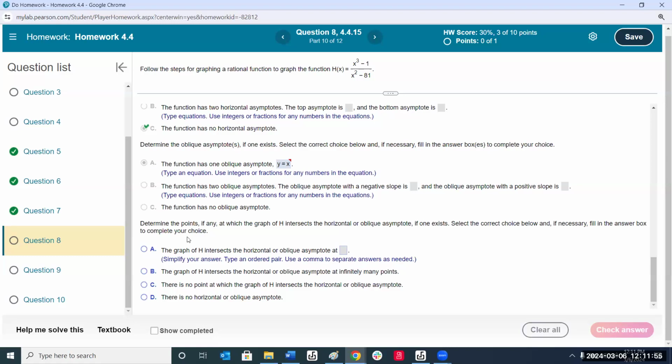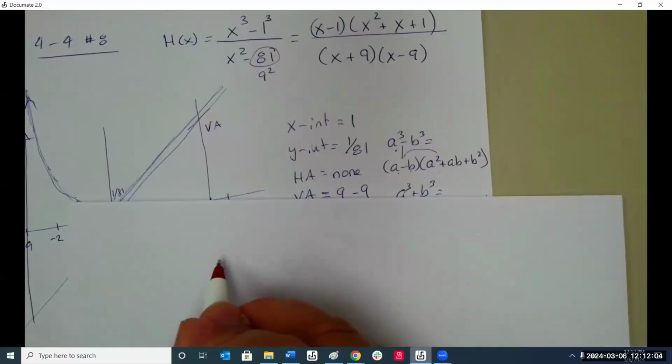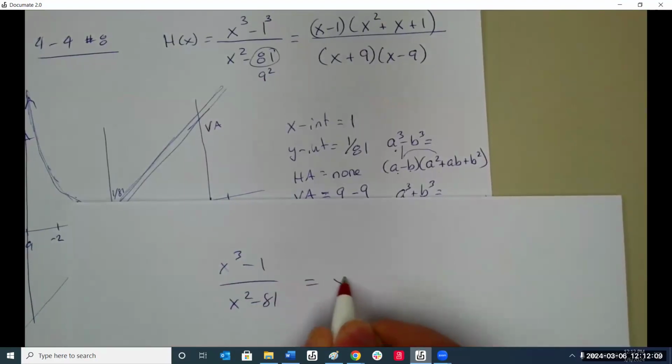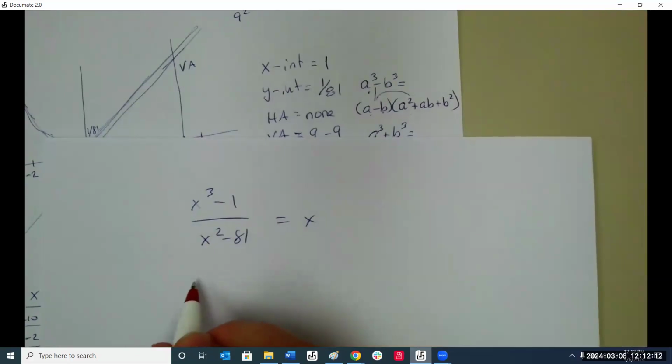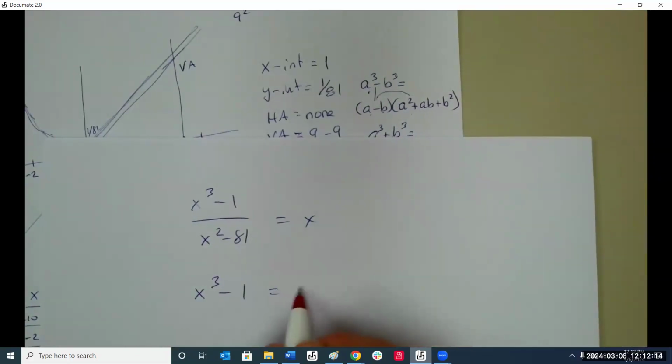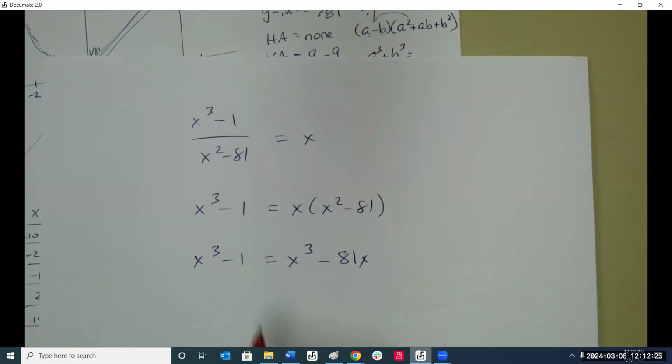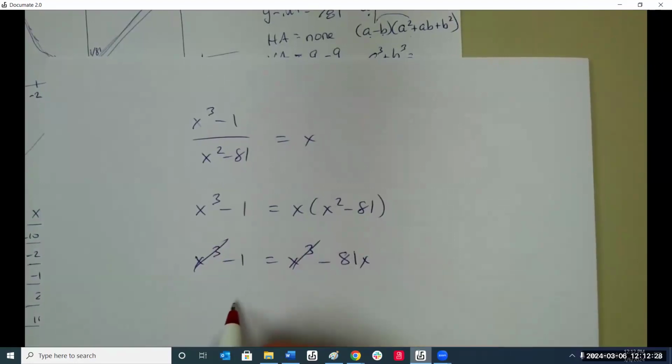Okay, so the graph (x cubed minus 1) over (x squared minus 81) equals x. So the x cubes cancel. Those become positive.